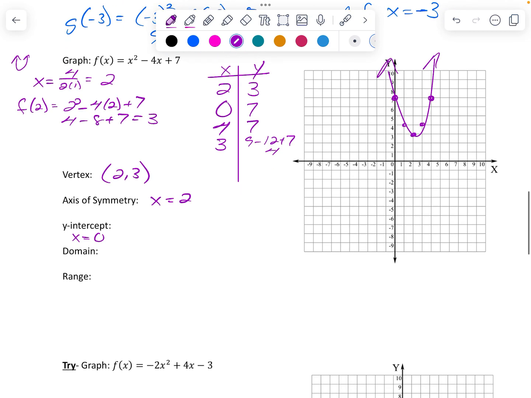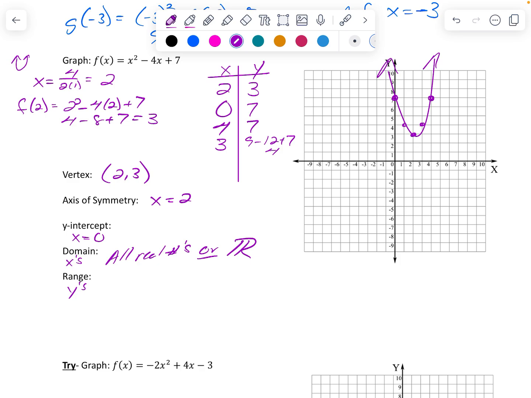And we haven't talked about domain and range. Domain are the x values and range are the y values. Now, the domain for these are always going to be all real numbers. We can write it with the fancy R. There are no limitations on x. We can put anything in for x.